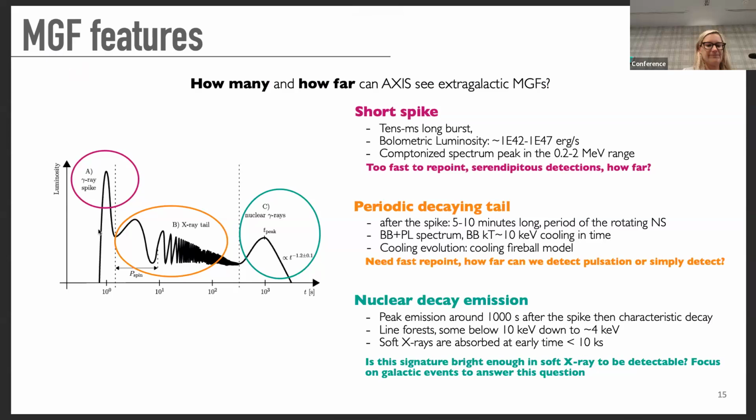The question is, are they bright enough to be observed from extragalactic objects? And then the last part is about this nuclear decay, the latest, I wouldn't call it discovery, but more realization about the magnetar giant flare emission that is very late, peaking at 1,000 seconds after the main peak emission, from nuclear decay.